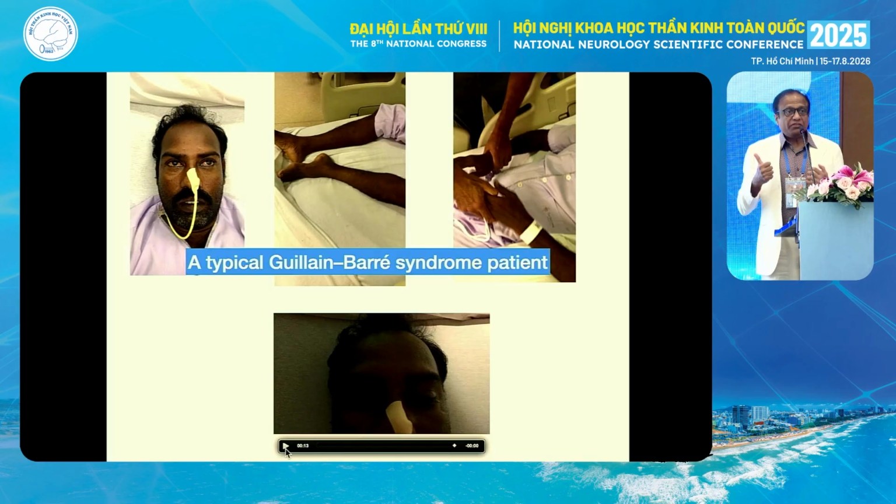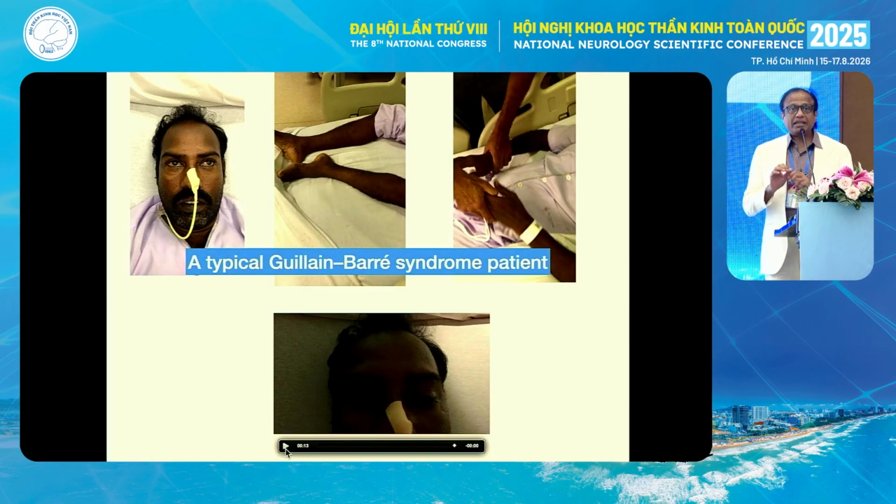Very distinctively, for a peripheral neuropathy, it involves lots of cranial nerves. In fact, all cranial nerves can be involved except the first and the second, because the first and the second are part of the central nervous system, right? So patients can develop ophthalmoplegia, facial weakness, swallowing problems, speech problems.